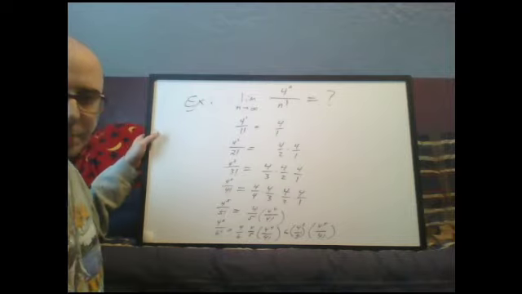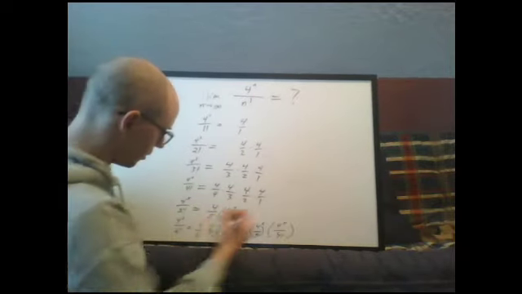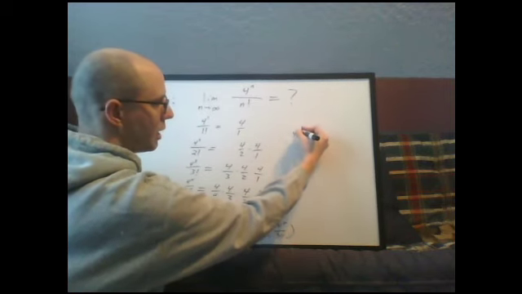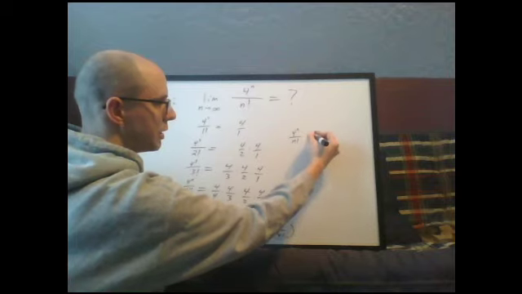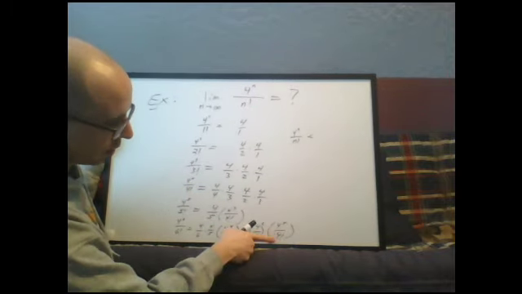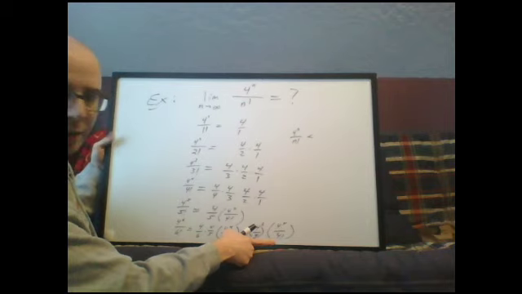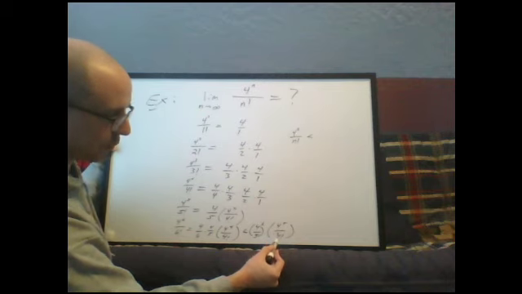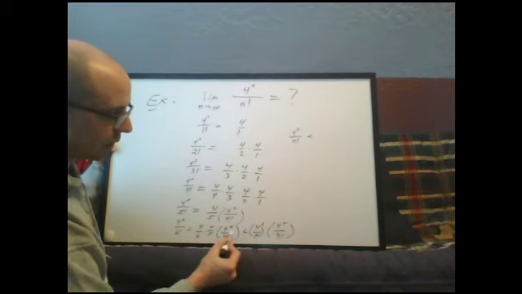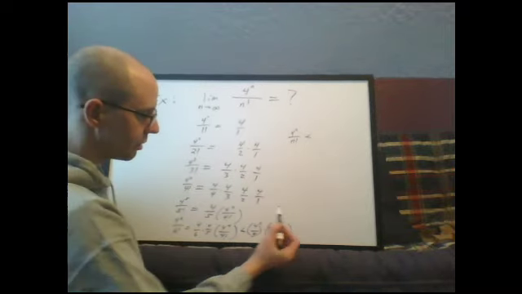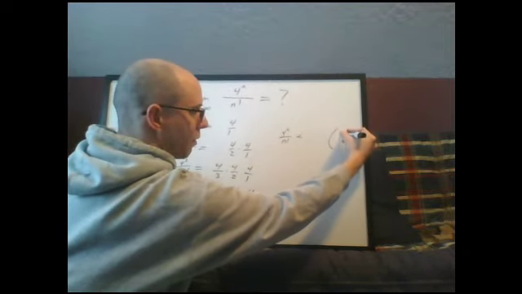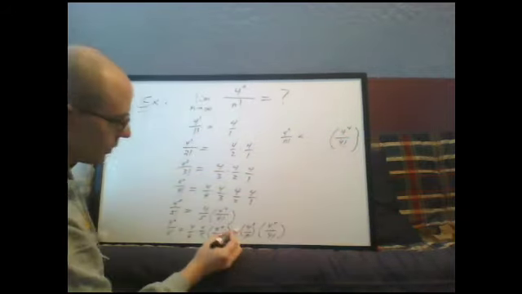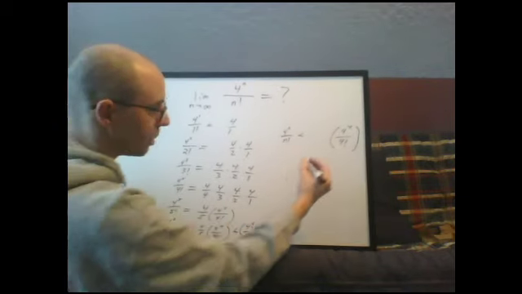In general, from this point on, 4 to the n over n factorial is going to be less than, well, they all share this starting amount, 4 to the 4th over 4 factorial, but then they have some extra factor. And what goes in front of it is going to be some number of 4/5.